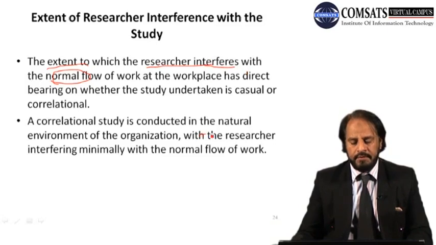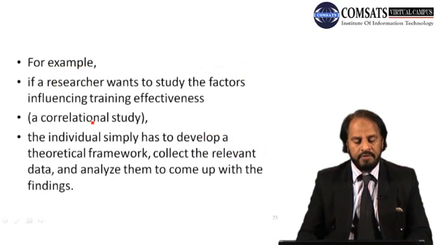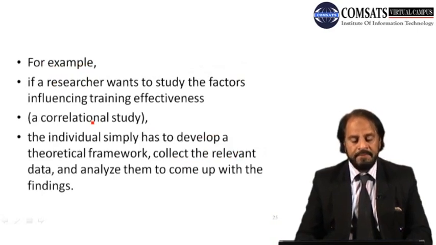So here the normal flow of work is not changed as much as compared to the other scenario, the causal study. In the causal study, you will need an extent of research interference that is a little higher.